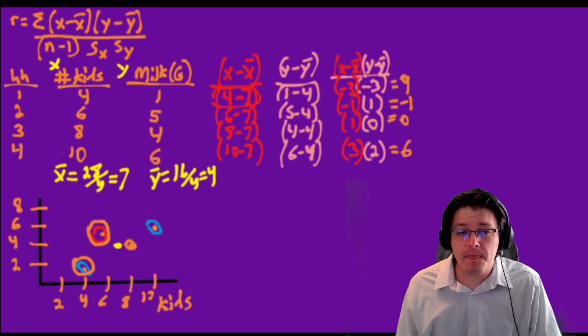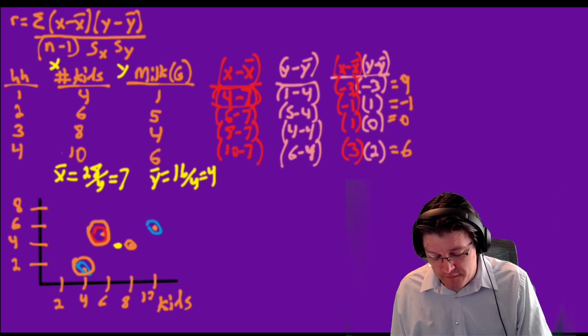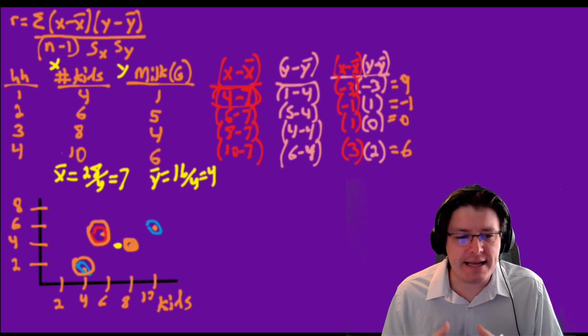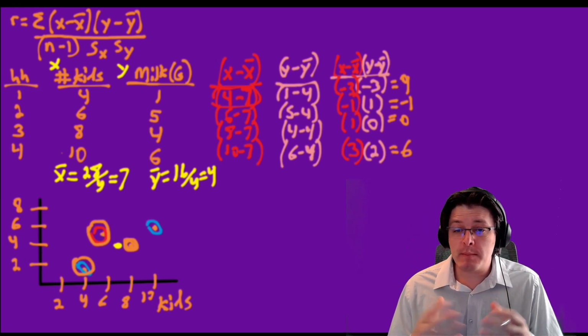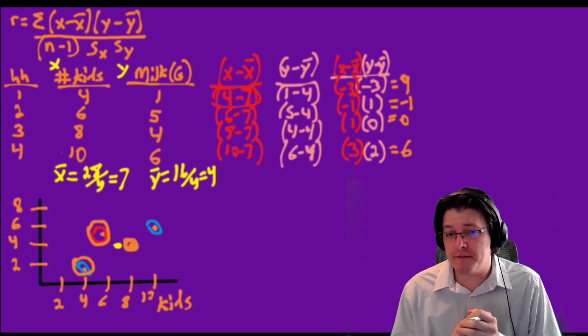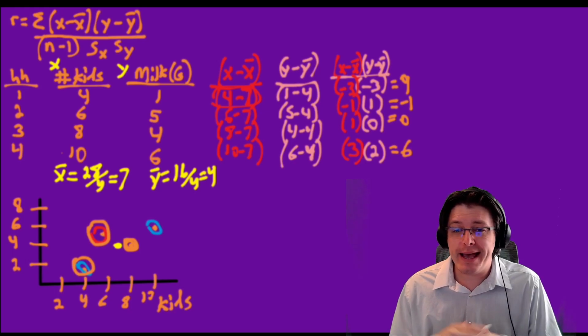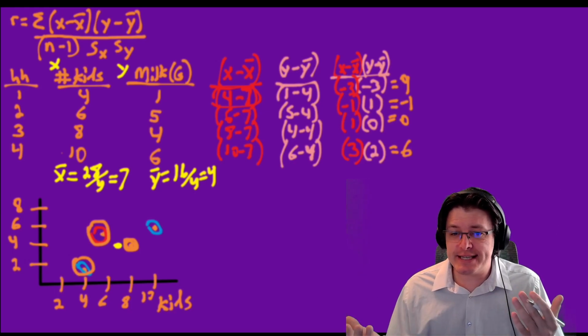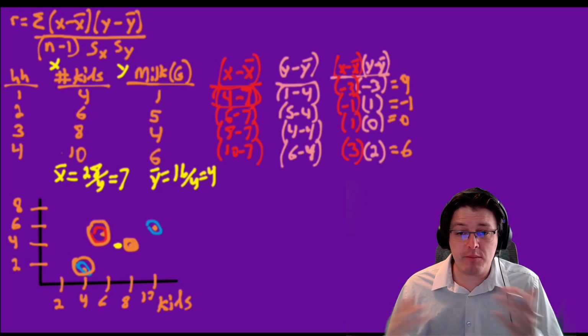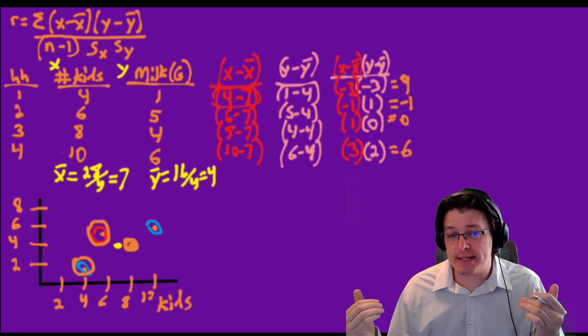So 0, that's the one that falls right on the mean of y. Why does it make sense that that's 0? Remember, what we're talking about is how do these move together? Well, if we think about it in terms of deviations from the mean, x increased and y stayed the same. So y didn't even move. They didn't move together, they didn't move opposite, because y stayed constant.